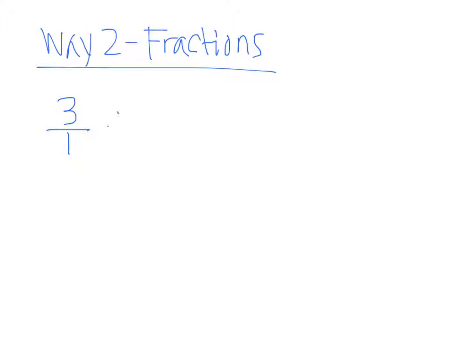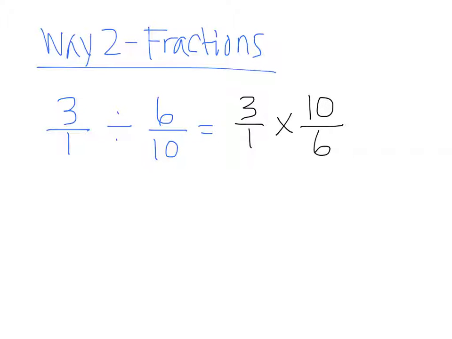And you're dividing by 6/10, which equals 3 over 1 times the reciprocal, which is 10/6. Then I can cross reduce. And that equals 10 over 2, which will give me 5 miles per hour. So if you prefer to do it with fractions, you can do it that way. Or if you prefer using decimals, you can do it that way.